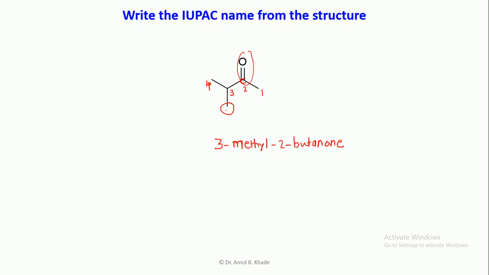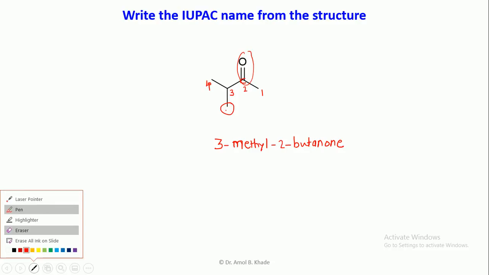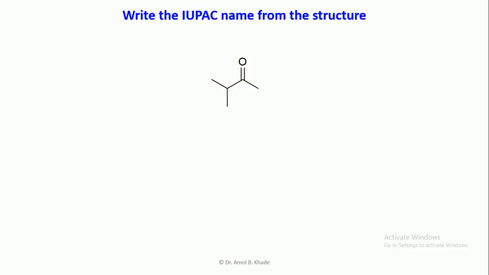Can you name this structure in the other way, like we have written ethyl propyl ketone? Look at what functionality and substituents it has. Here you can see this functionality, this substituent and this substituent.